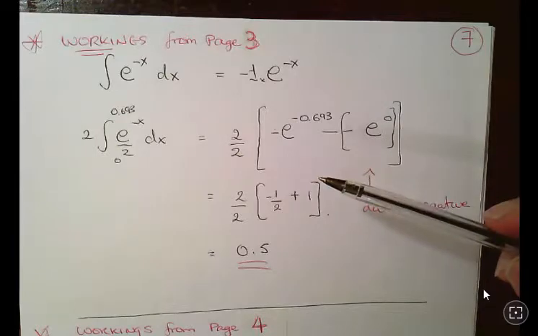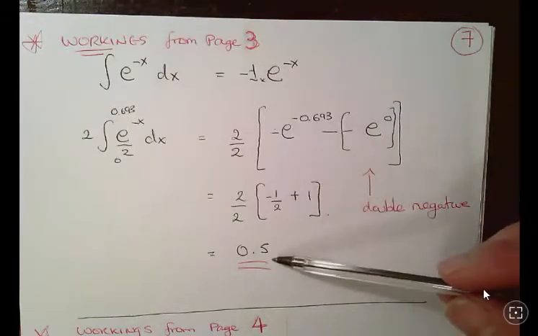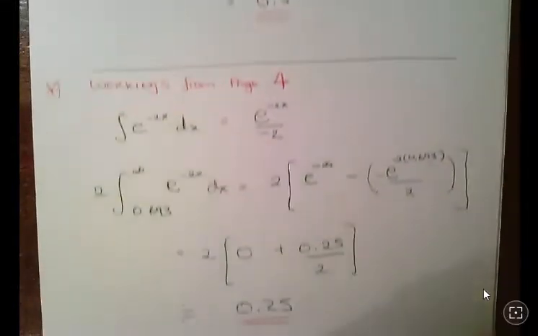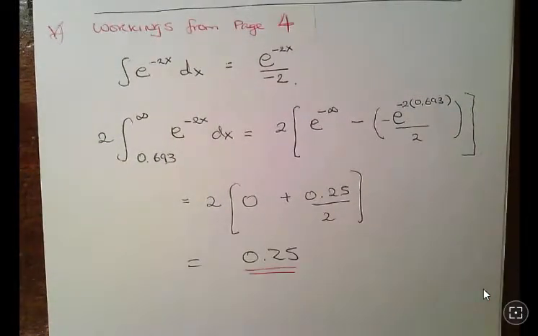If you want to take a screenshot and read through it to see if you get 0.5, likewise for the other calculation, this is how I got 0.25. I won't talk through it. If you're doing decision theory, you should be fairly okay with definite integrals, but in case you want to double check or query something, you can have a quick look at that. Okay, we'll leave it there.